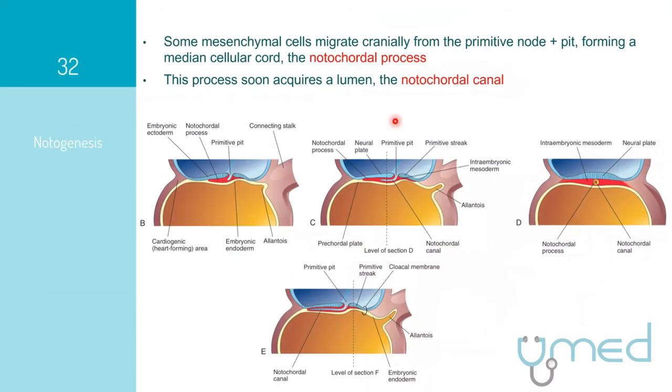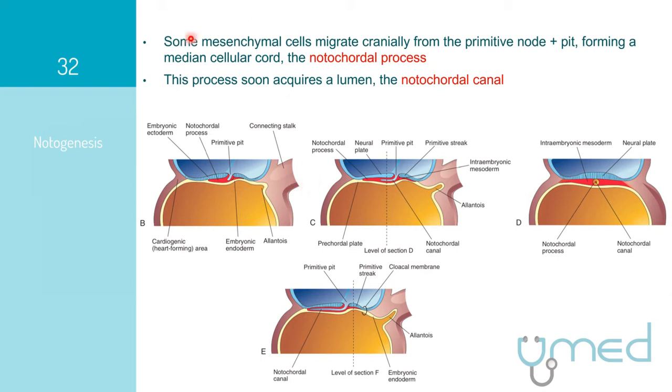So this is where it gets fun. All right, let's begin. So some mesenchymal cells migrate cranially, that is towards the head, right? So let's just take this diagram, for example. So right here is going to be cranial, right here is going to be caudal.